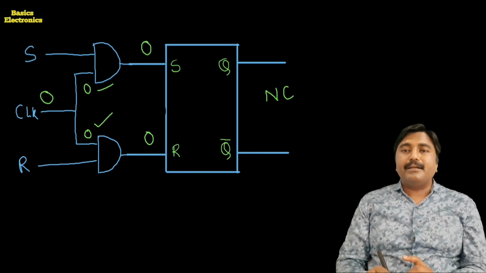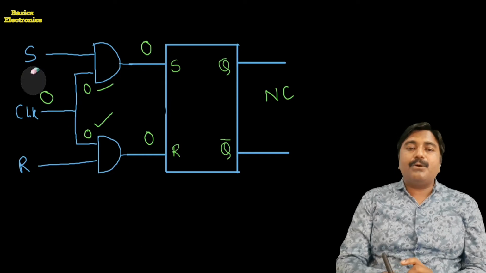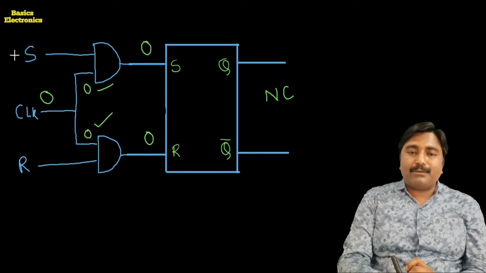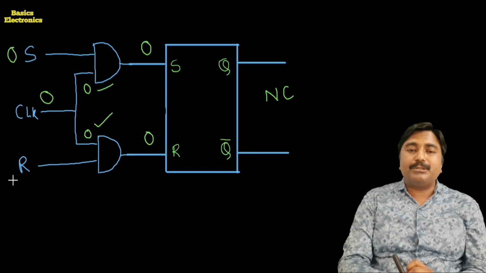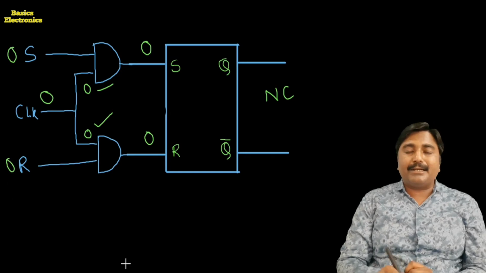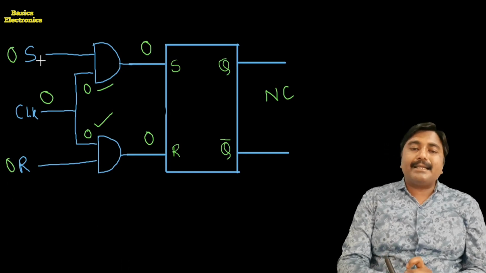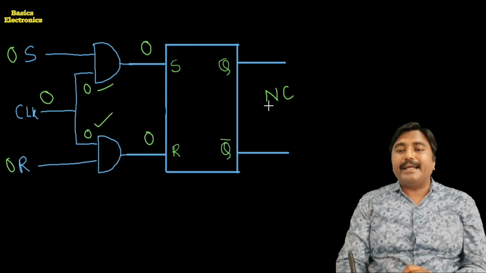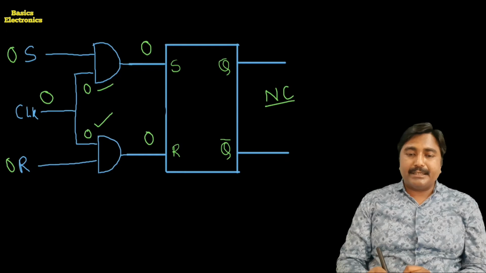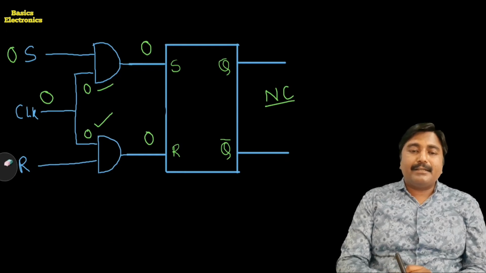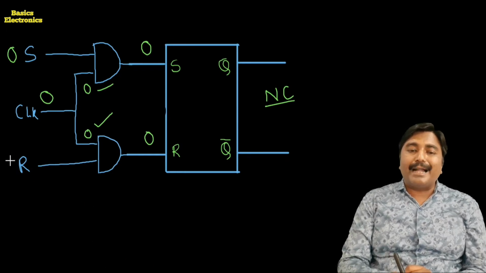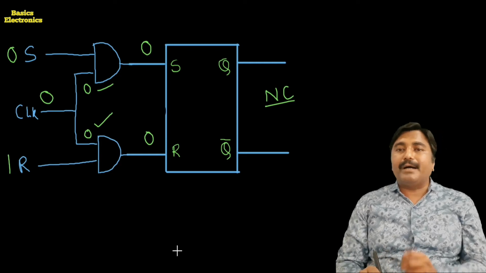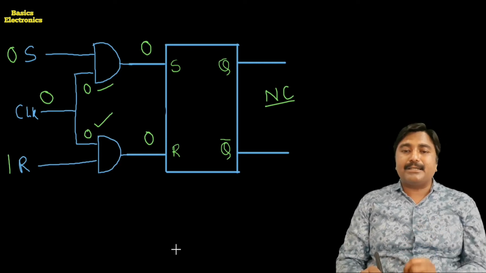Now suppose the clock pulse is equal to 0, the S input is equal to 0 and the R input is equal to 0. Again we get the no change condition. If we consider the S input equal to 0 and the R input equal to 1, again we get the same condition. Why?